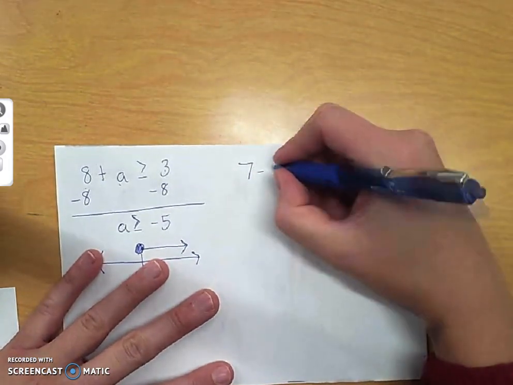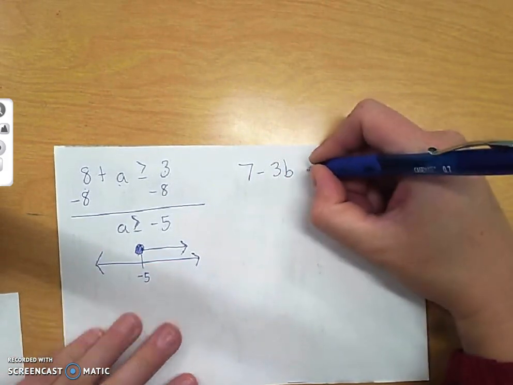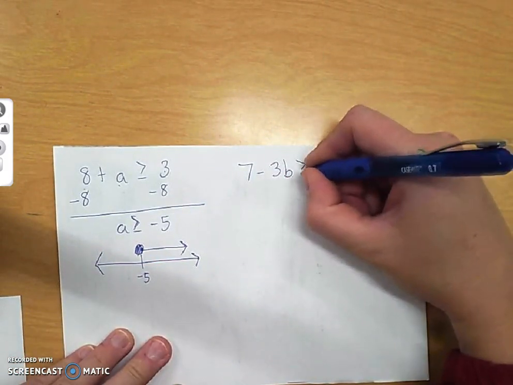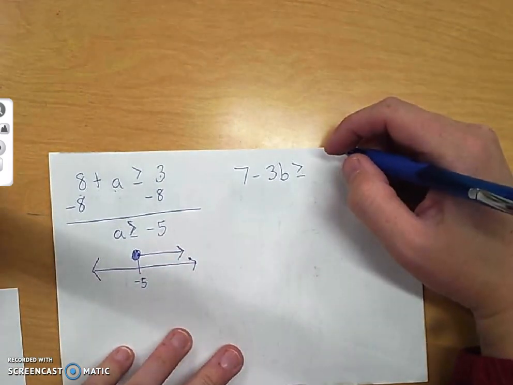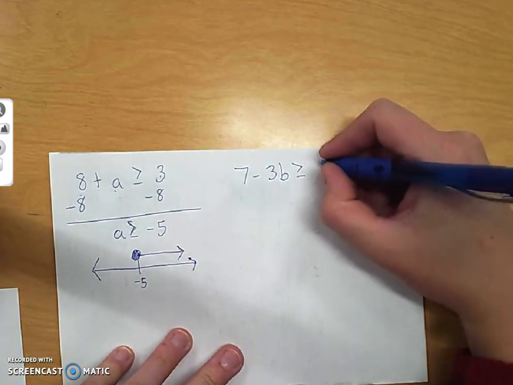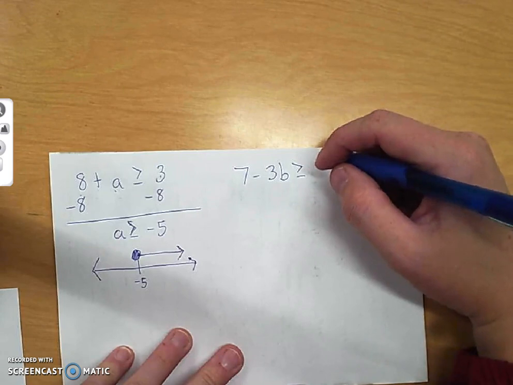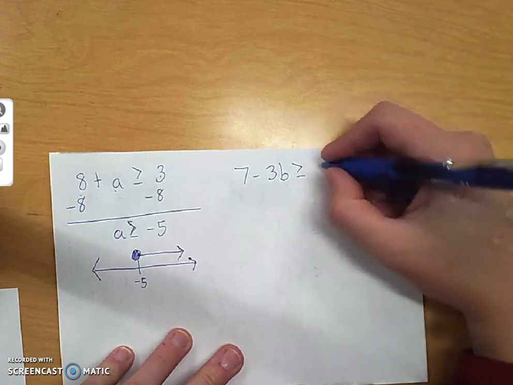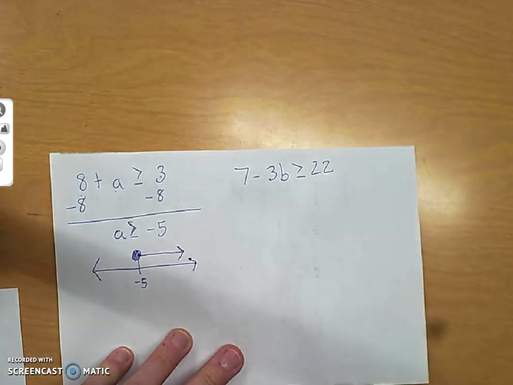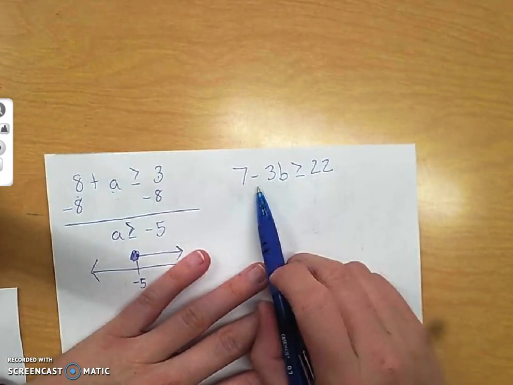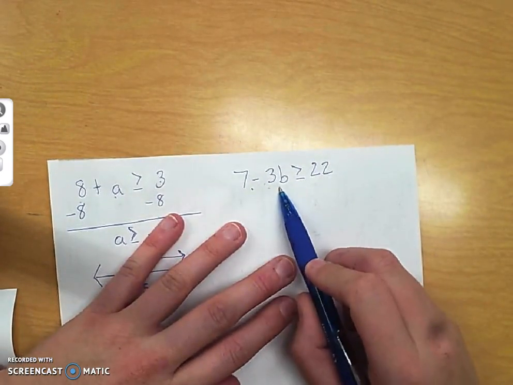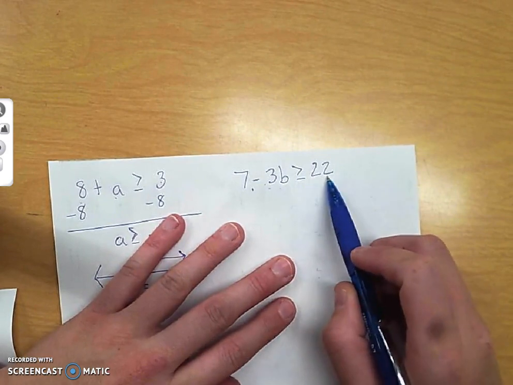7 minus 3b is greater than or equal to 22. Got to make it come out pretty. So, 7 minus 3b is greater than or equal to 22.